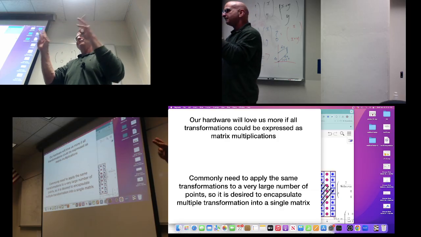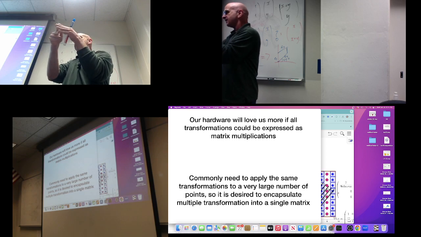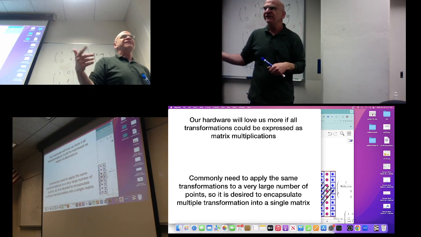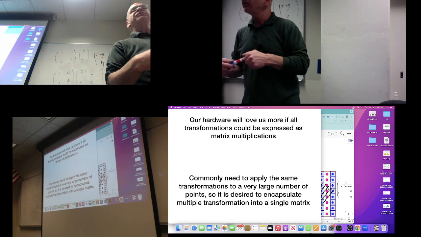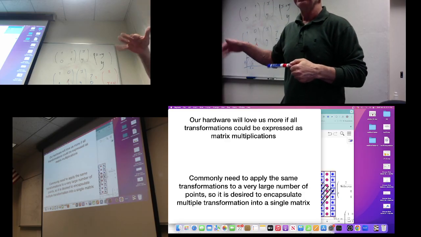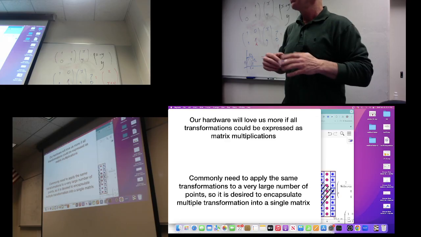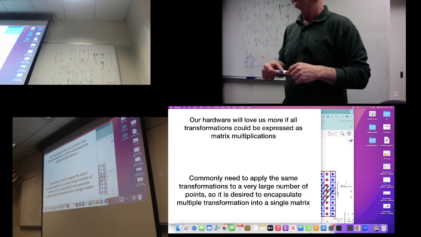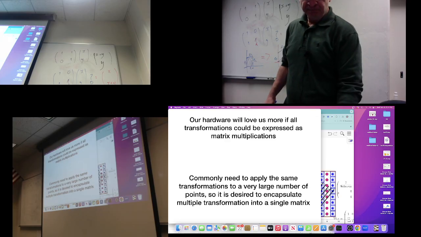I'll change the way that I see each point by shifting it, and the transformation will be applied to every data point. I'll multiply by a matrix, and it will save all my operations, and as we said, my graphic hardware will like me.